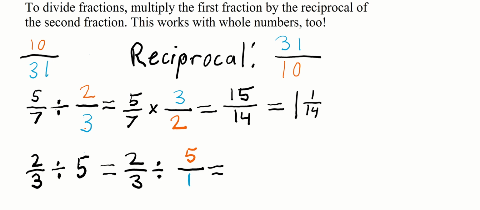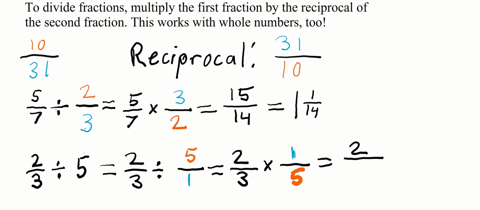Now we obtain the reciprocal without much issue. The resulting multiplication problem would then be 2/3 times the reciprocal of 5/1, which would be 1/5. 2 times 1 is 2, and 3 times 5 is 15.